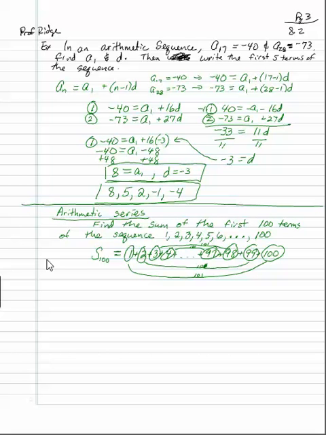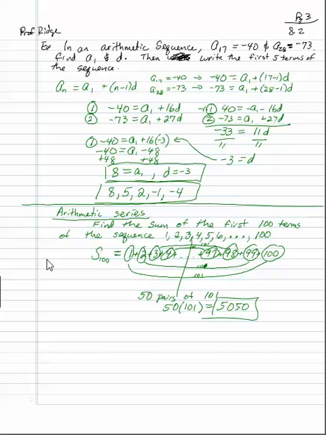So you get all these pairs, and then 5 and 96 is 101, 6 and 95 is still 101. And it turns out that all the pairs, so there's going to be 50 pairs of 101. So the shortcut to do this is you go 50 times 101, which equals 5,050.